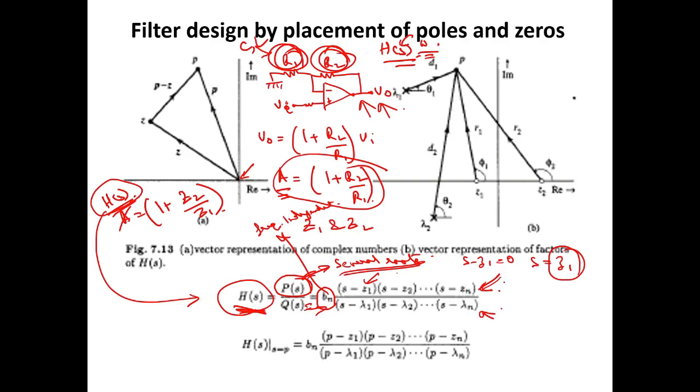Similarly, if you find the solutions of the denominator, say for example in the first case s minus lambda 1, if you put s equal to lambda 1, Q(s) will become 0, and when Q(s) becomes 0, H(s) becomes infinity.